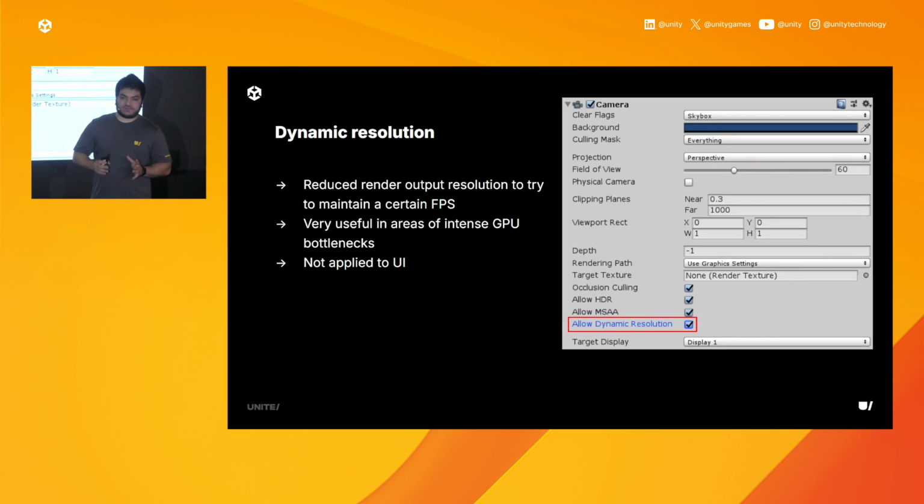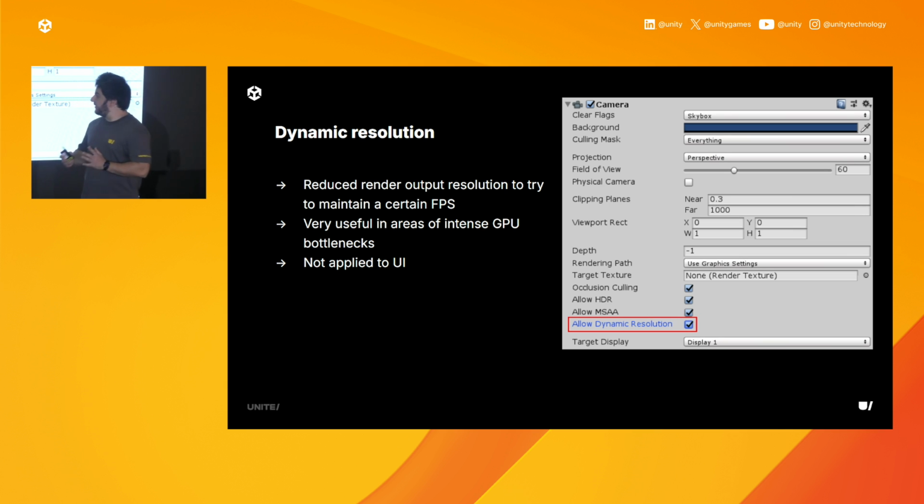If you're not familiar with this, dynamic resolution is a performance scaling technique that allows you to take the previous frame's GPU timings, or typically an average of the last couple of frames, and decide if you want to lower the renderer's output resolution to improve the FPS. This also allows you to set minimums to that resolution, and then the system will do its best to reach that FPS while not going lower than the output resolution that you desired.